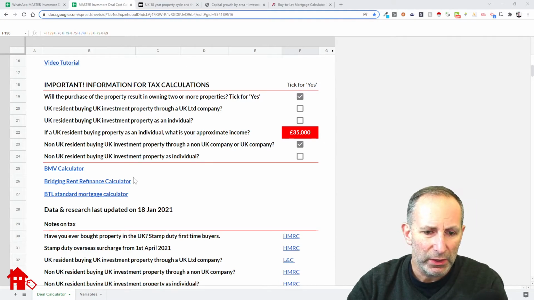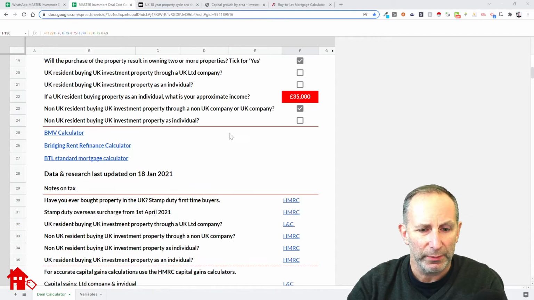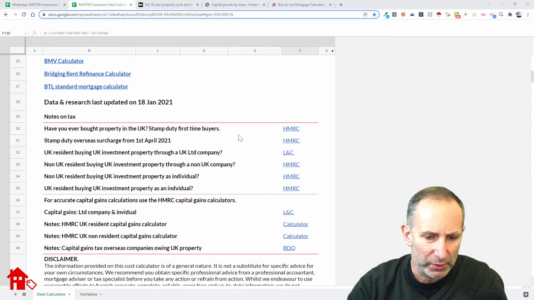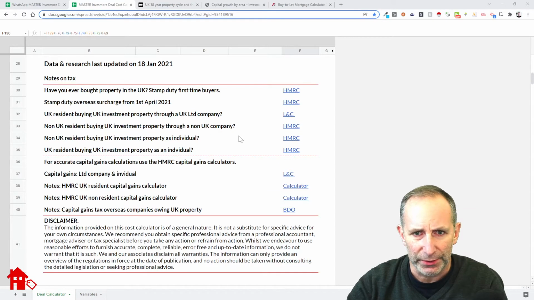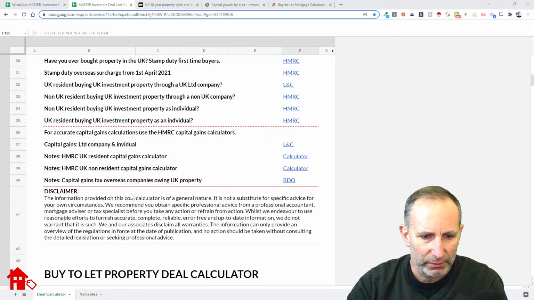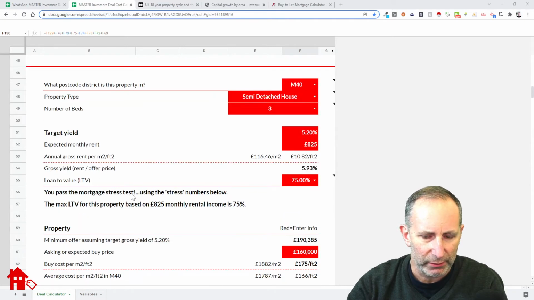I also needed variables to factor in different types of stamp duty, because there are different levels depending on circumstance. And here are some links, just talking about my sources on this.